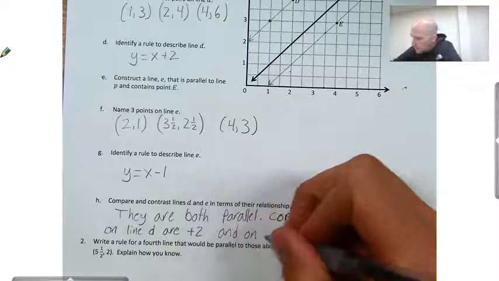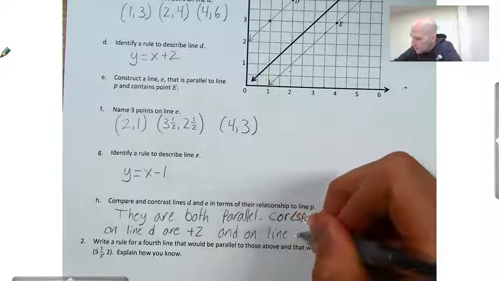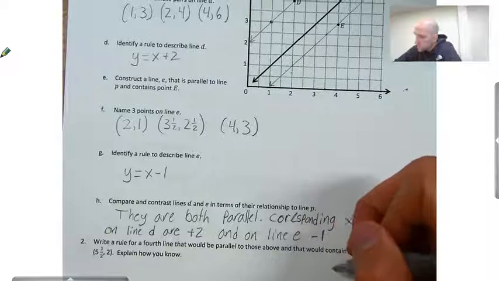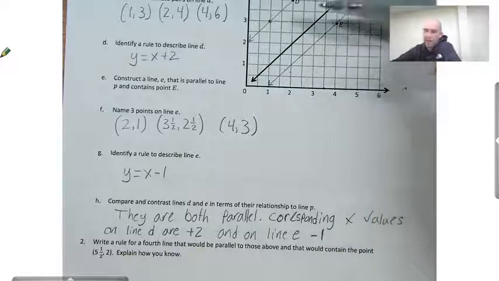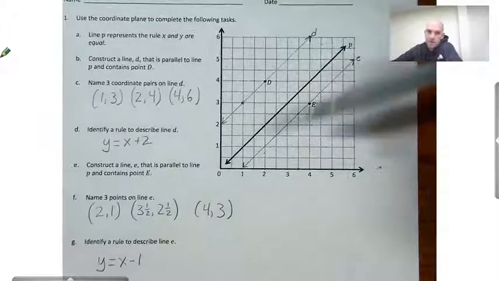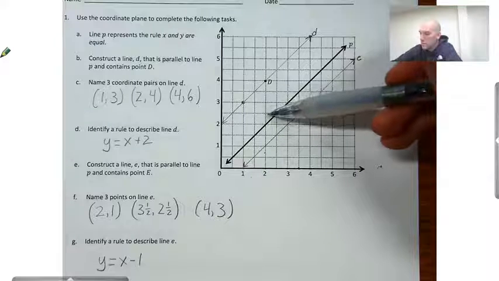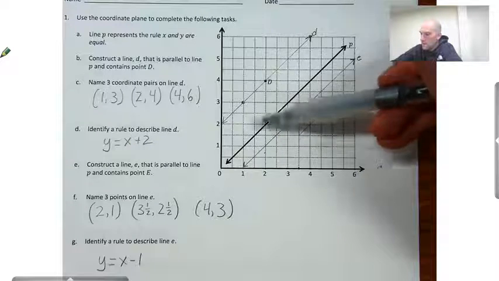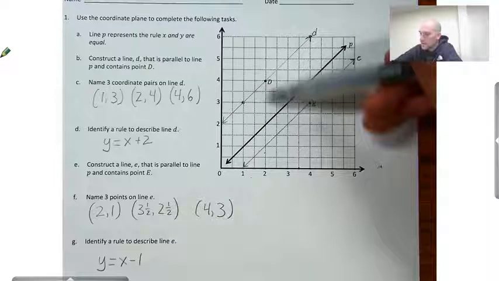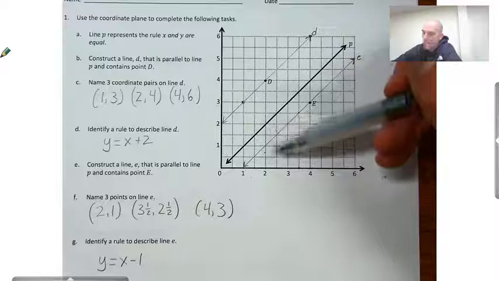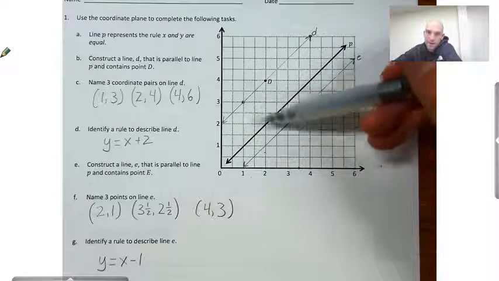And on line E, -1. So it appears as though when we have addition in our rule, whatever number we add or subtract is going to move our parallel line either up or down, depending on if we do plus or minus.